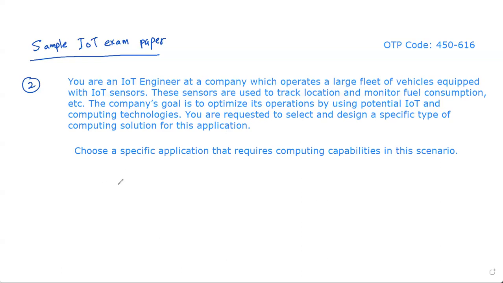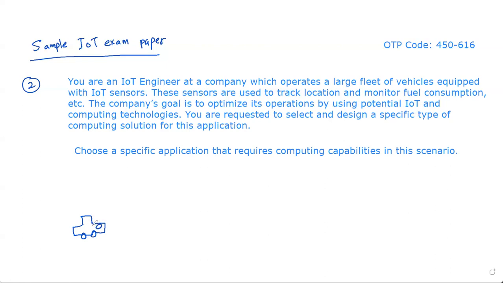So, we are talking about an IoT network that is handling a fleet of vehicles, a group of vehicles that are equipped with IoT sensors. Let's take this scenario and let's try to visualize it. So we have a set of vehicles which are equipped with some sensors.